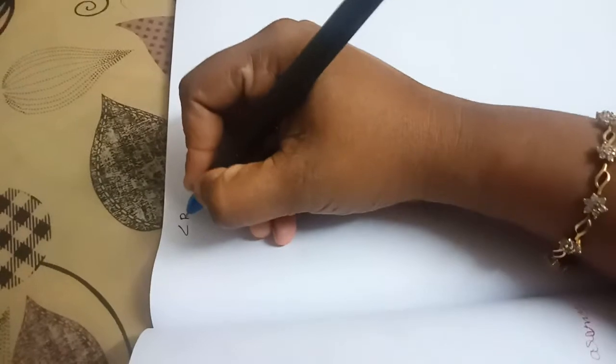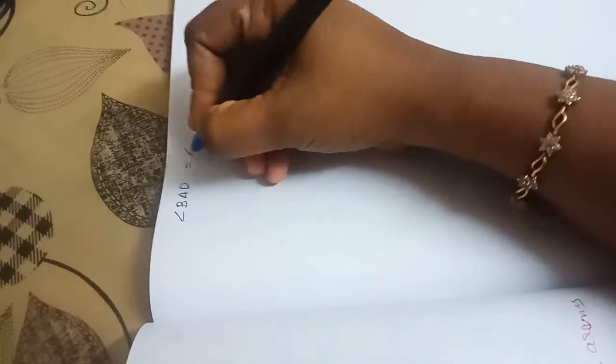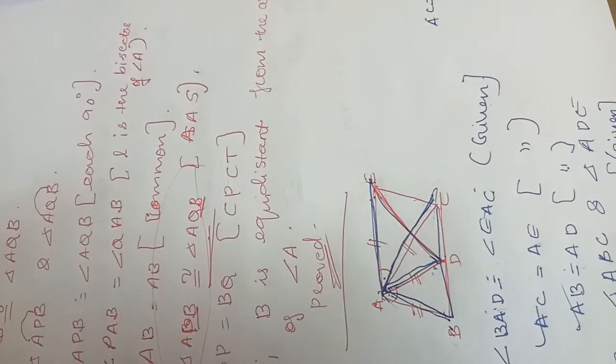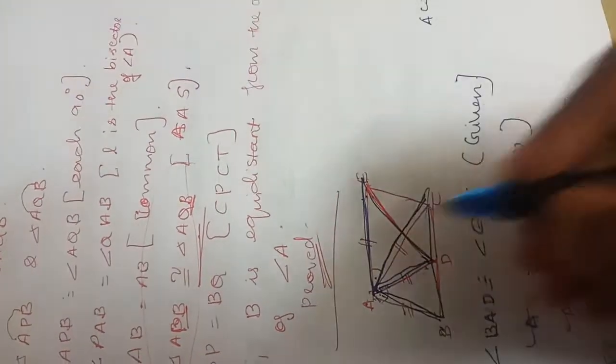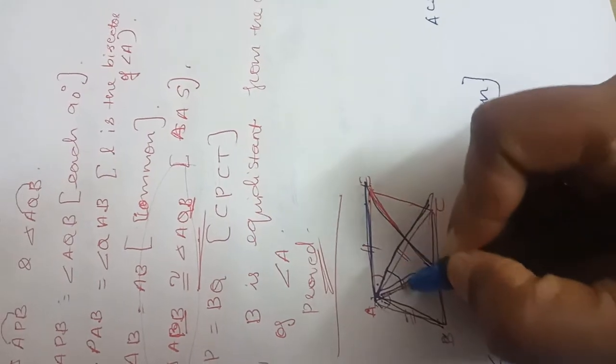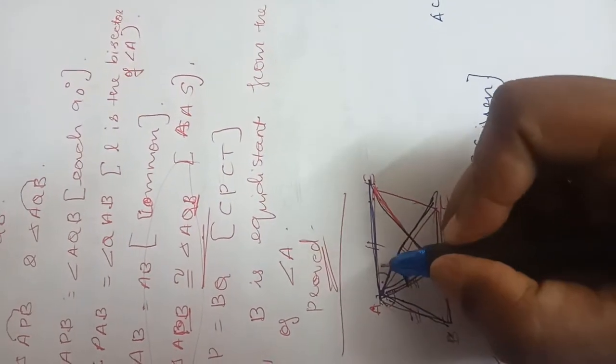Already we have angle BAD is equal to angle EAC, which is given in the question. I wrote the same statement here. Angle BAD is this one, angle EAC is this one. Now I am going to add one more angle, DAC, to this one and also to this one.